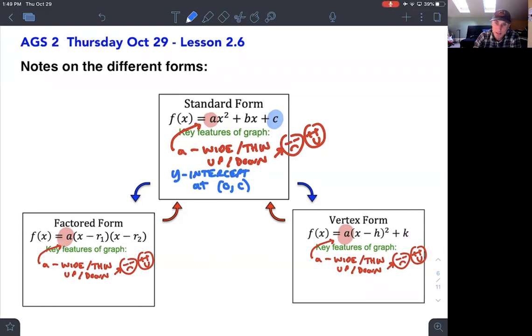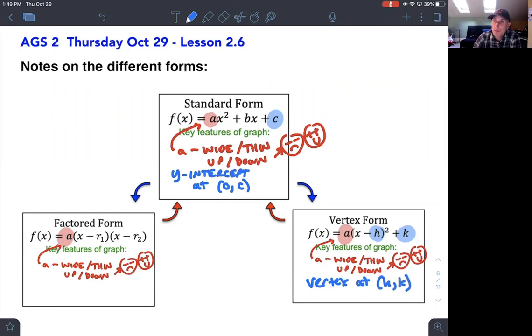All right, down below, let's go to vertex form. Vertex form, the H and the K tell you the vertex. All right, hopefully that seems kind of familiar to you.